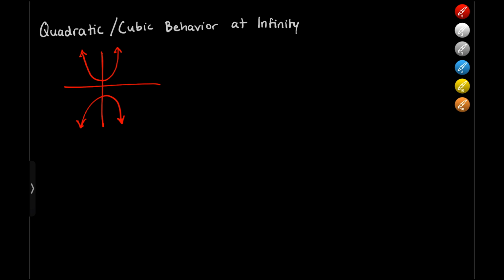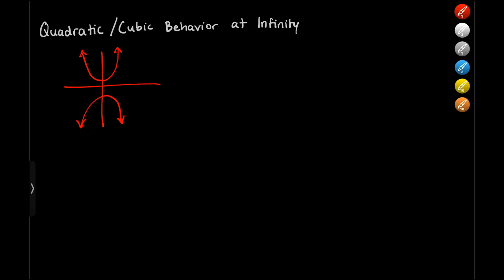When it's facing upwards, as x goes to positive infinity, y also approaches positive infinity, and as x approaches negative infinity, y also approaches infinity. But when it's a downward parabola, as you go to infinity, y reaches negative infinity, and as you go to negative infinity on the x-axis, y goes toward negative infinity as well.